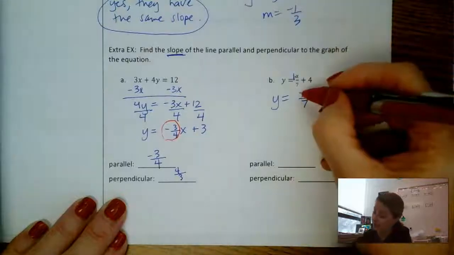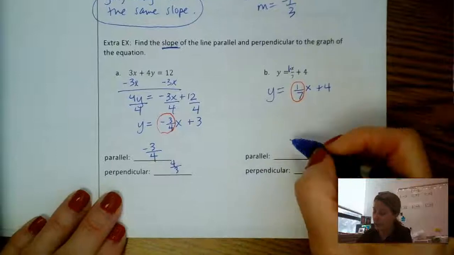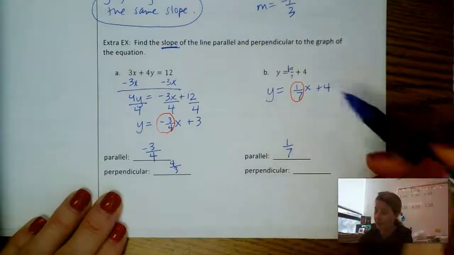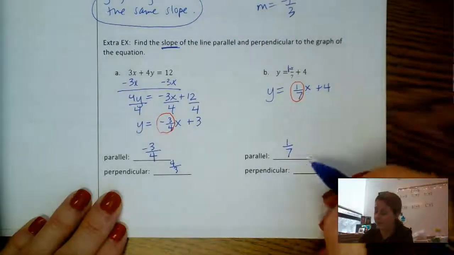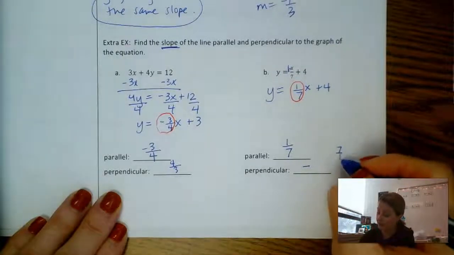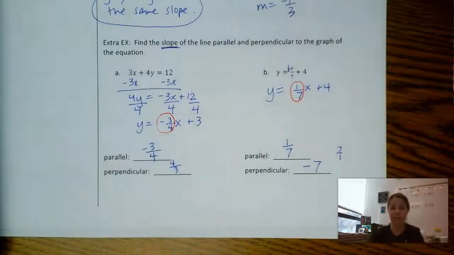So here is my slope. I don't need to do any extra work. So a parallel line would also be 1/7. For perpendicular, I want the opposite sign, so it's negative, and I'm going to flip it over. That would flip over to be 7/1, but I'm just going to reduce it down and write it as just negative 7.